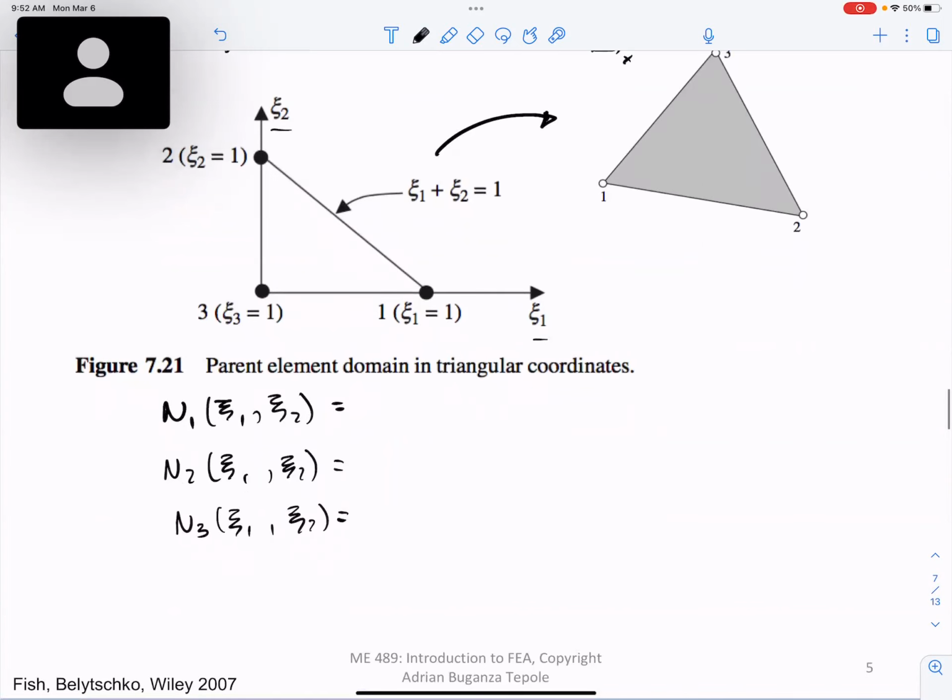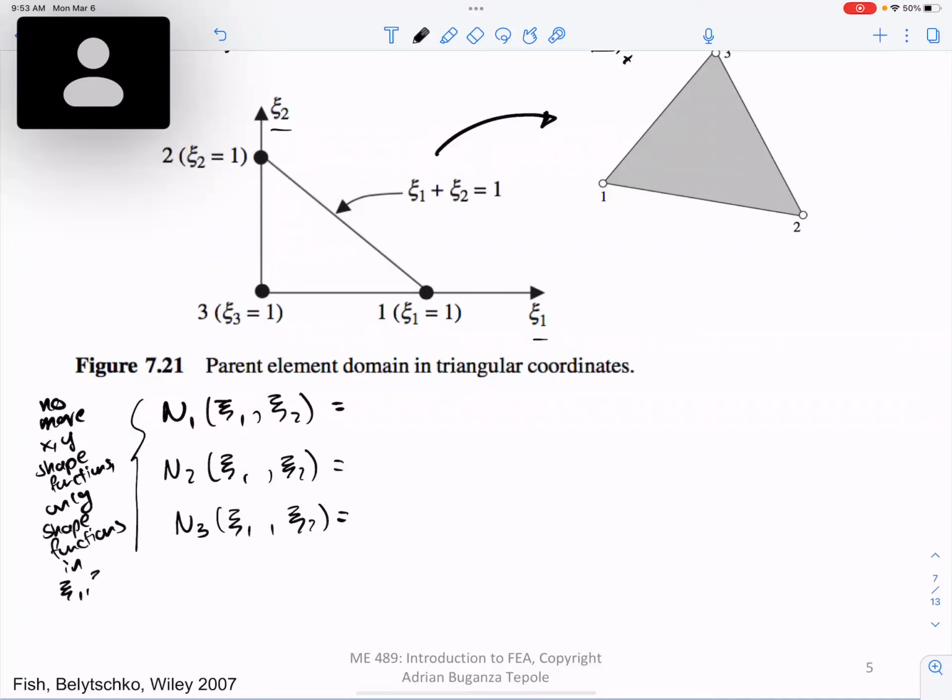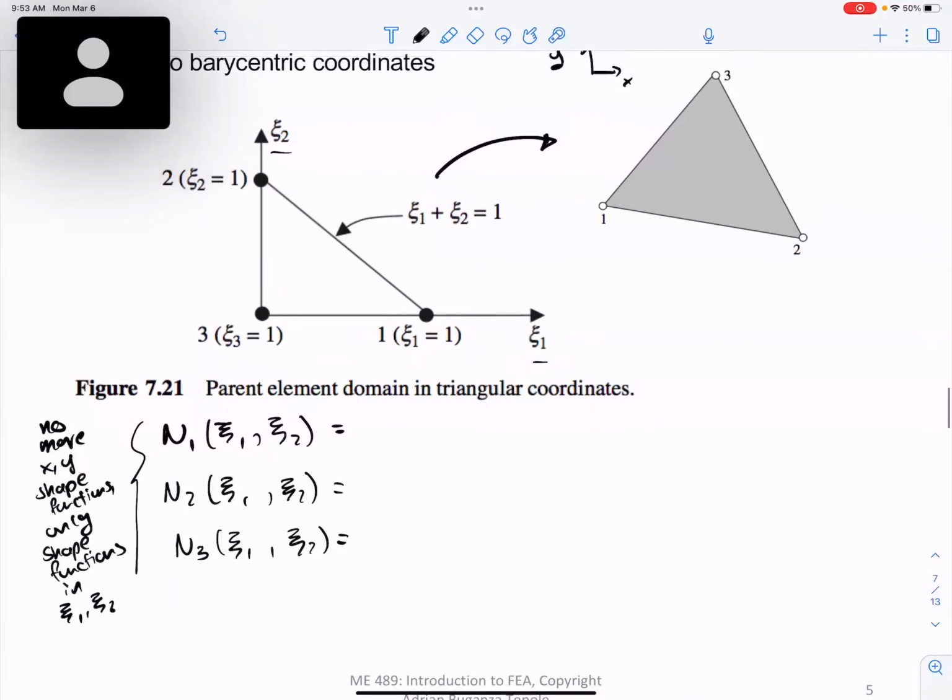So this is super important. No more XY shape functions. Only shape functions using these other new coordinates, psi 1 and psi 2.